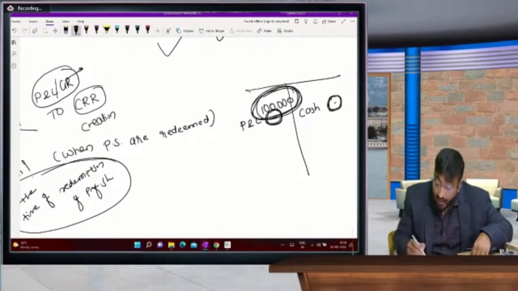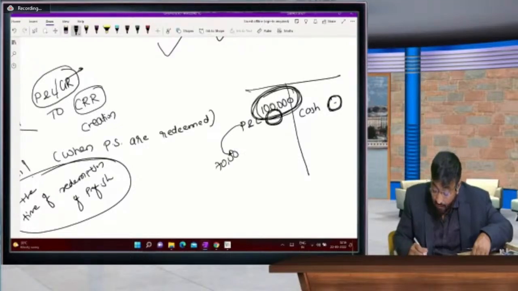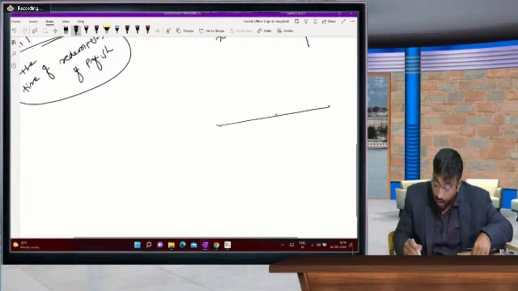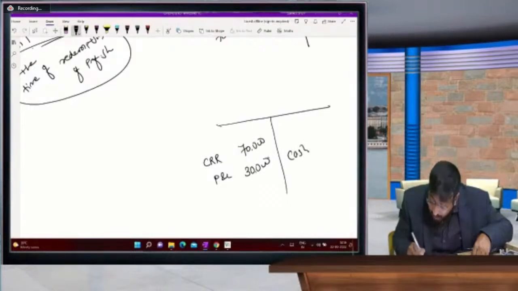But beta, when I block this reserve, for example, I block 70,000. So now my P&L is showing 30,000 and my CRR is showing 70,000. So my shareholder can demand dividend only out of this 30,000.